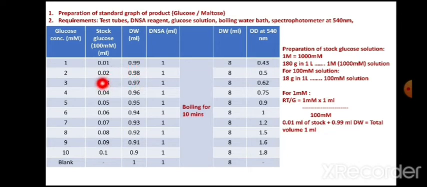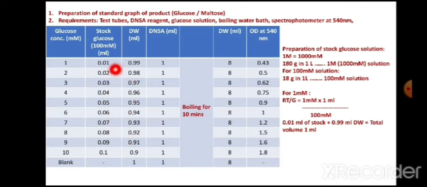This is how you can go on calculating on your own till 10 millimolars and the remaining amount. So this will be the quantity of glucose solution 100 millimolar, and this will be the distilled water to make the volume to 1 ml. This is how you can fill column number 2 and column number 3.